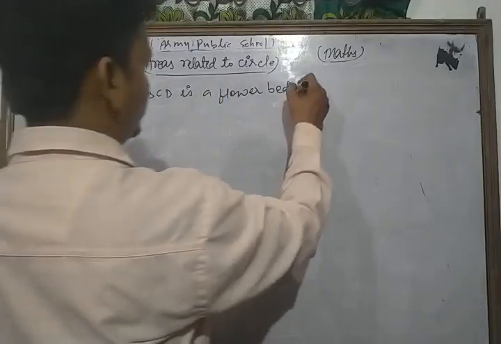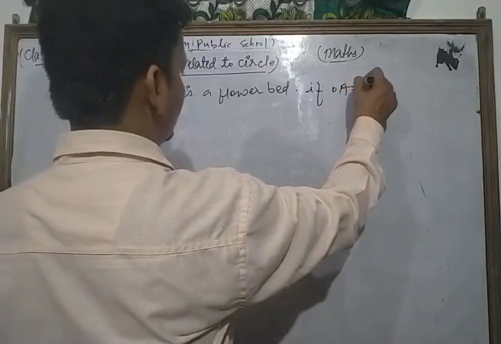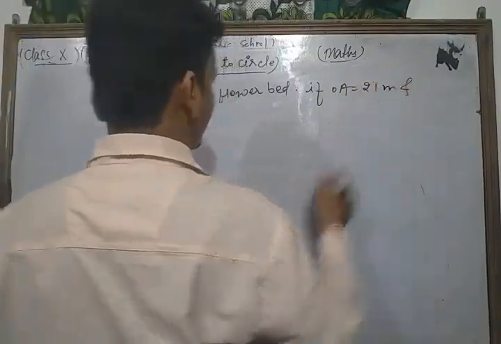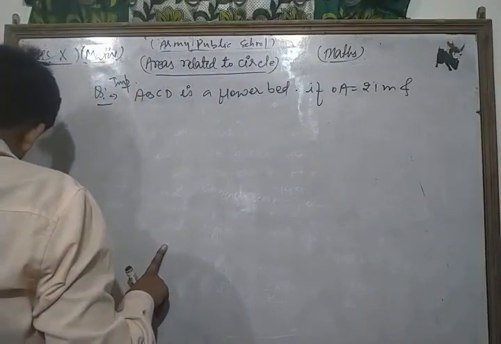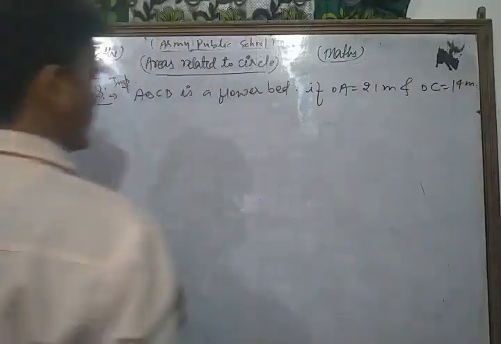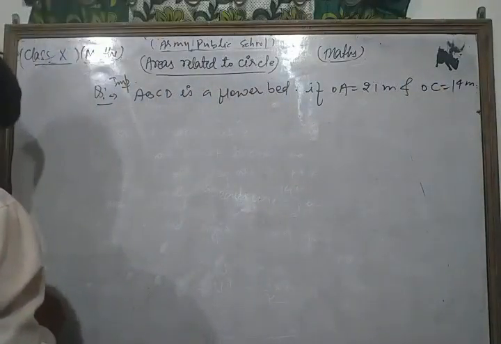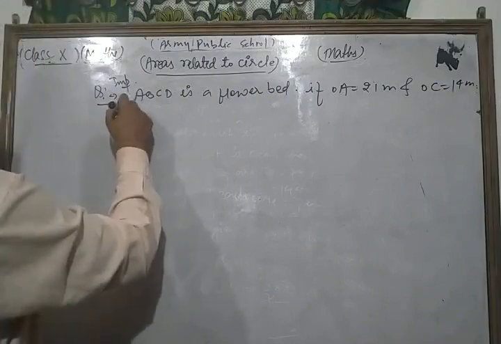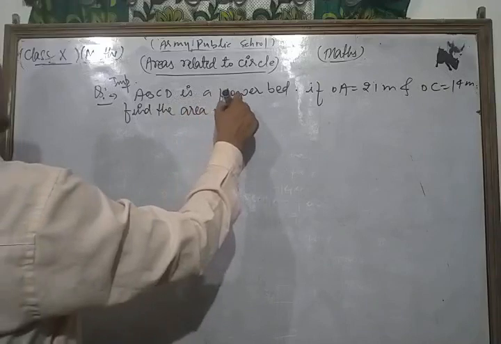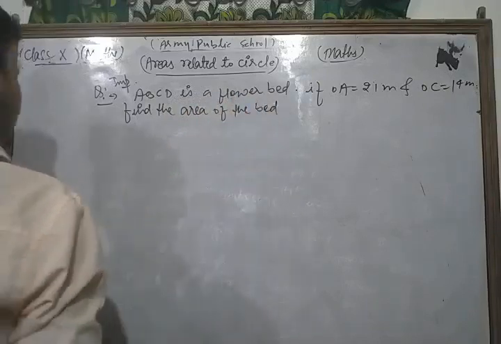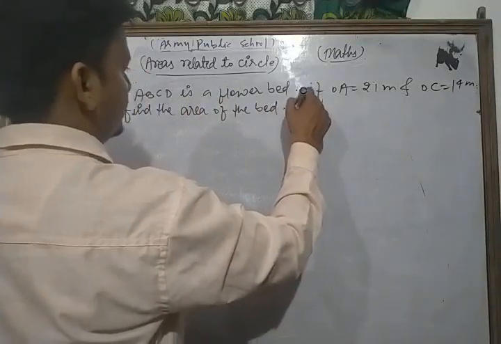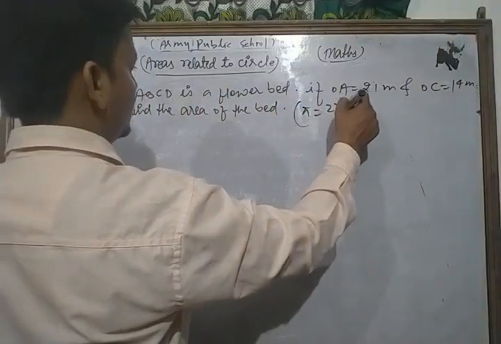If OA is equal to 21 meter and OC is equal to 14 meter, find the area of the bed. Take the value of pi as 22 upon 7.